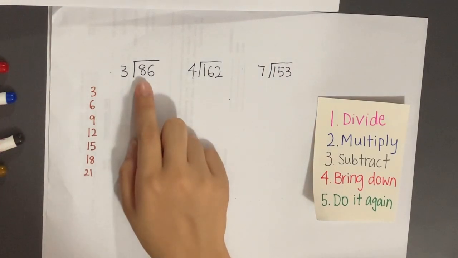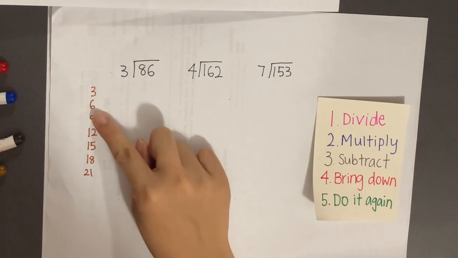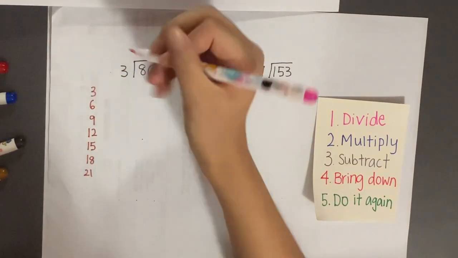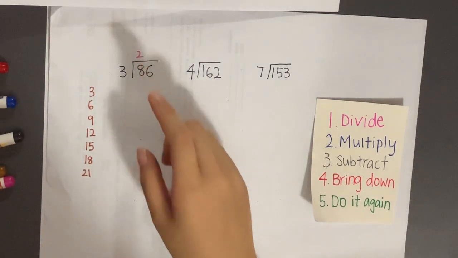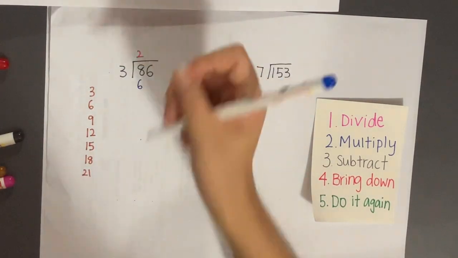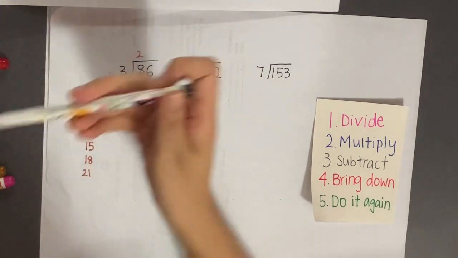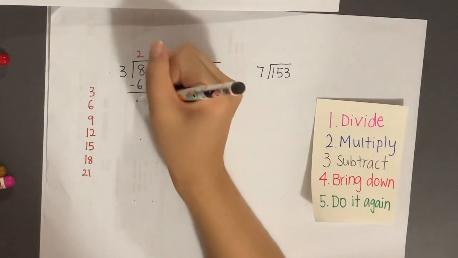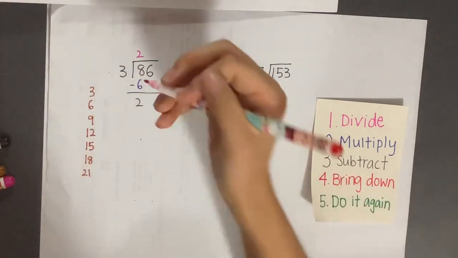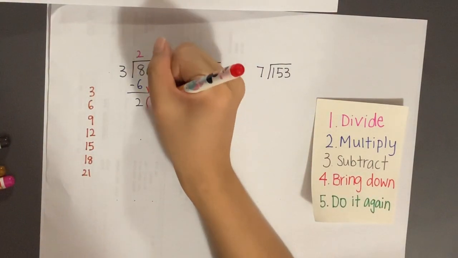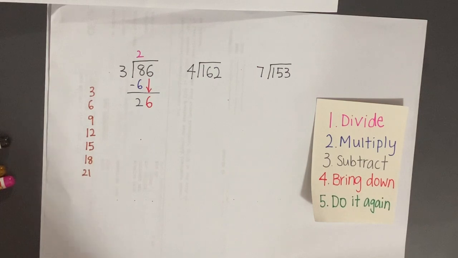The closest number to 8 that is smaller than 8 and can divide by 3 is 6. 6 divided by 3 is 2. 3 times 2 is 6. So I subtract, I get 2. I bring down my 6.